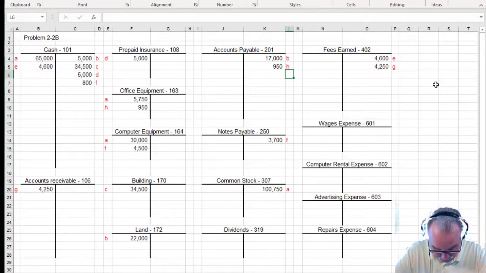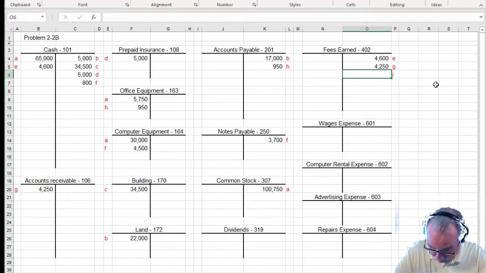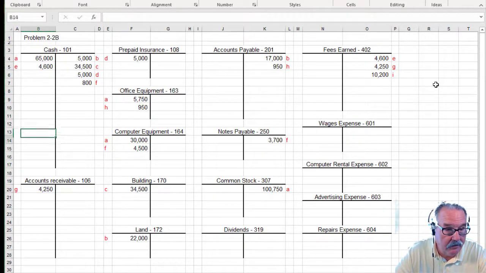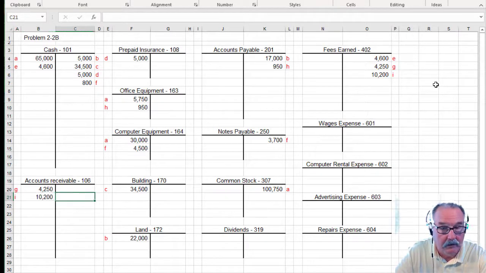Transaction I, we perform some services for a client on account. Same thing as G. This is going to be I. It is for $10,200. Debit accounts receivable, $10,200. Credit fees earned, $10,200.